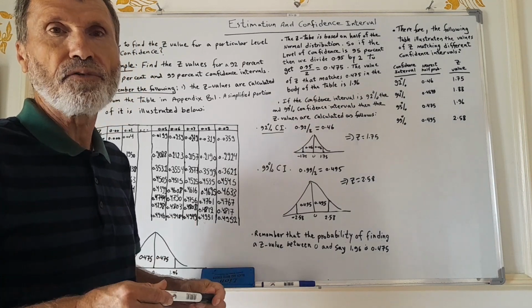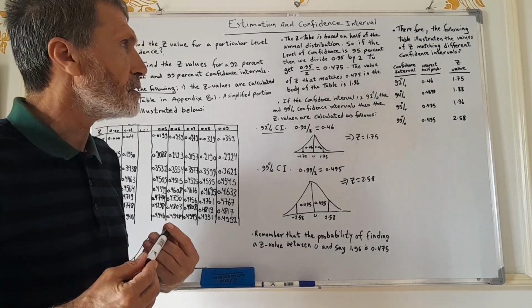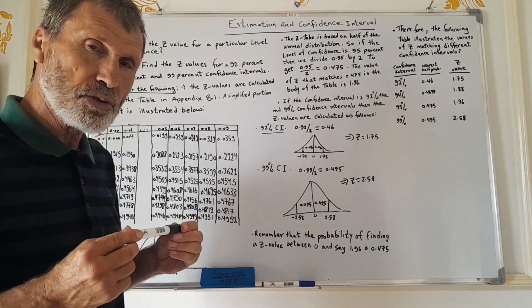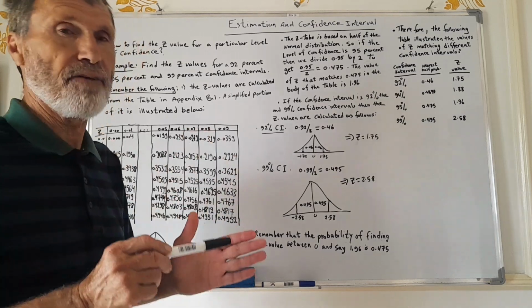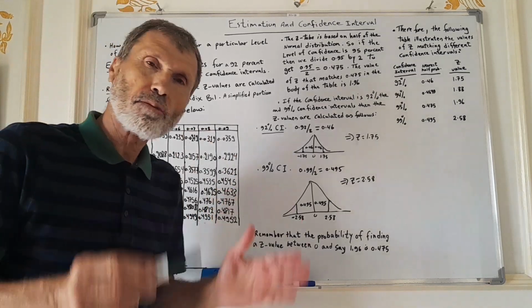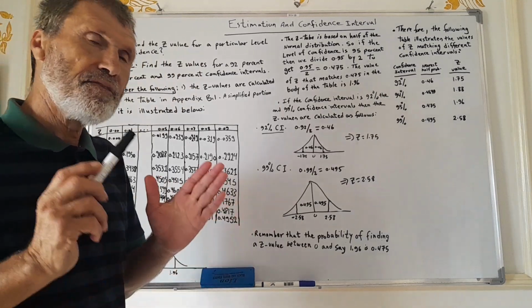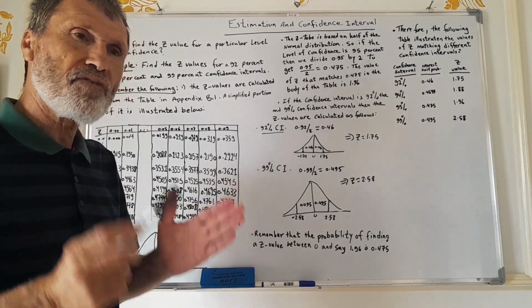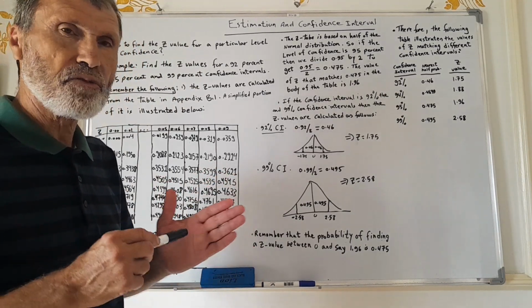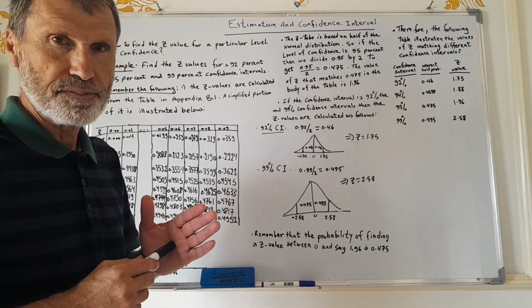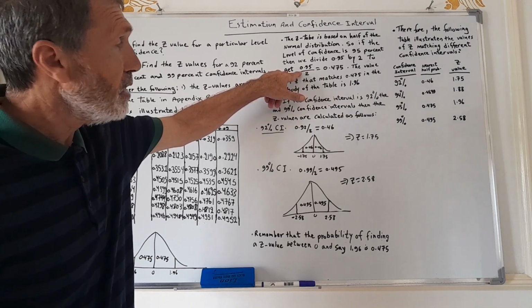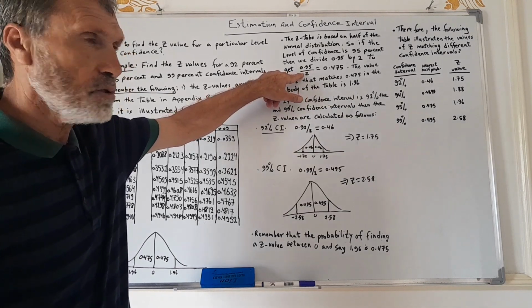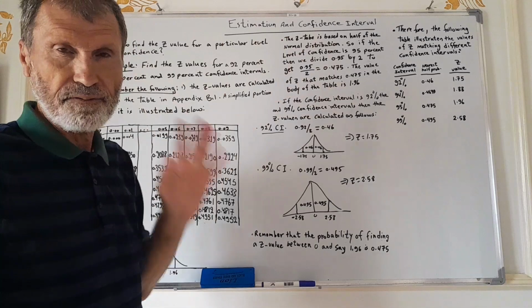Because the z-table is based on half of the normal table, the very first thing is to divide the level of confidence by 2. So we take 0.95, which is 95%, divide this by 2, and we come up with 0.475.